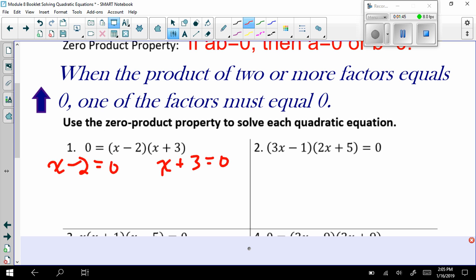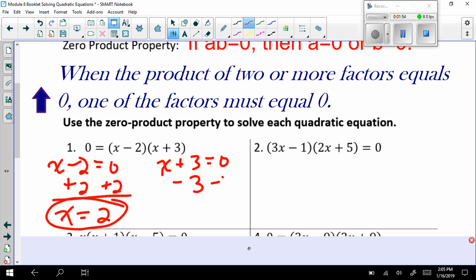So I can set each factor equal to 0 and solve. I get x equals 2 or x equals negative 3, my two zeros or my two solutions to this equation.